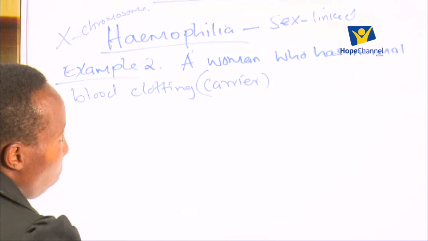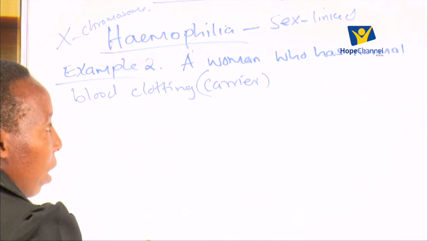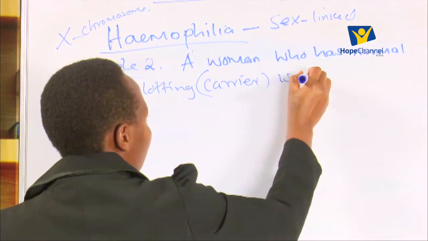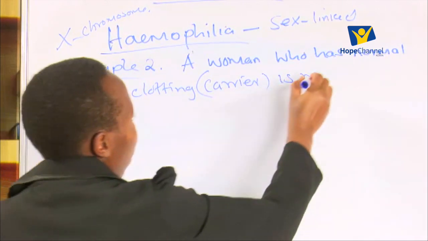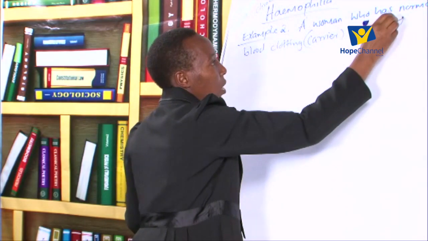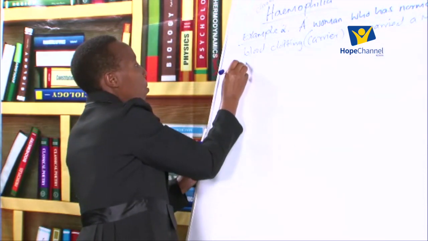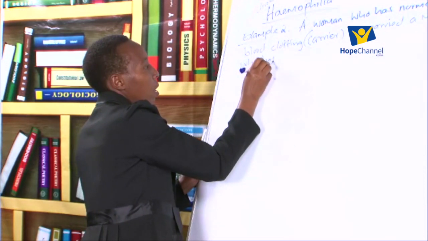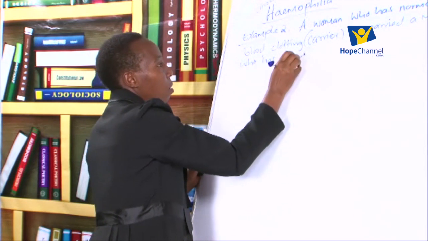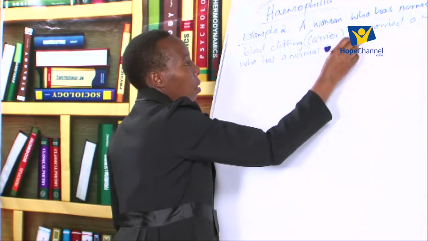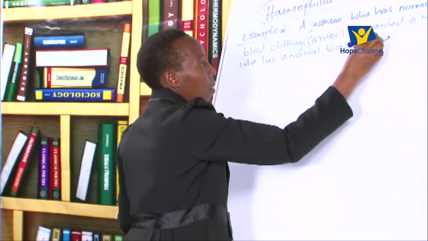Or we say a woman who is heterozygous for normal blood clotting is married to a man who has normal blood clotting.